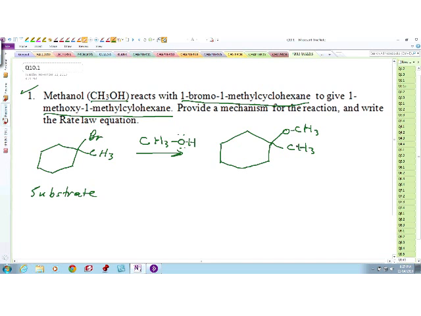So you can see here, this is a substitution reaction in which the methoxy group has replaced the bromine.